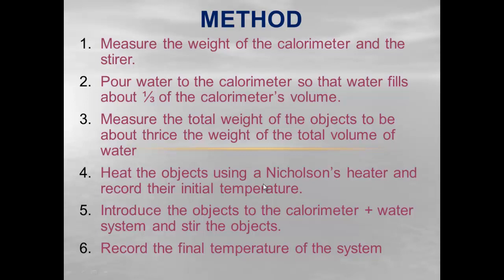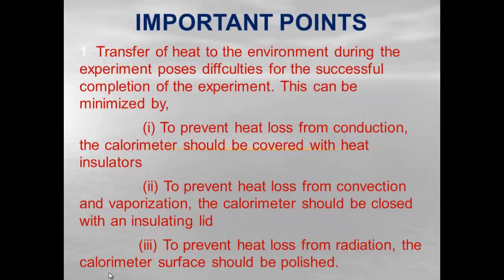After some time, the temperature of the objects will decrease to a temperature of theta, and the temperature of the water and calorimeter system will increase from theta 1 to theta. So there will be a thermal equilibrium as well as a temperature equilibrium, and we can record the final temperature of the system to be theta. So that's it about the method of finding the specific heat capacity of a given solid.